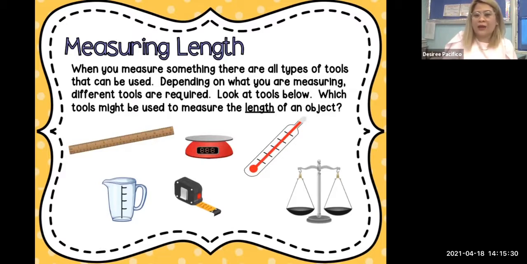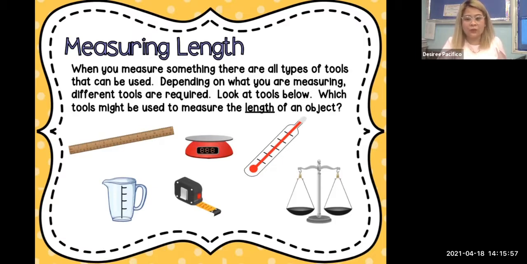you need to have different types of tools to measure it, depending on what you are measuring. So we have here a ruler, a beaker, a measuring tape, a thermometer, a weighing scale, and a balance beam.